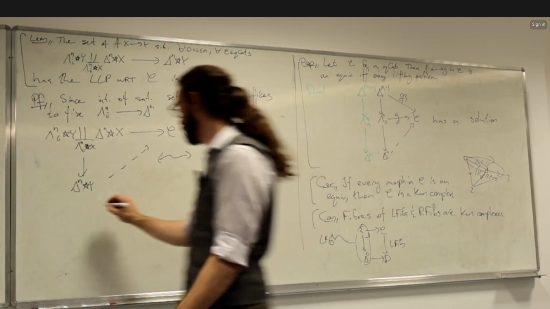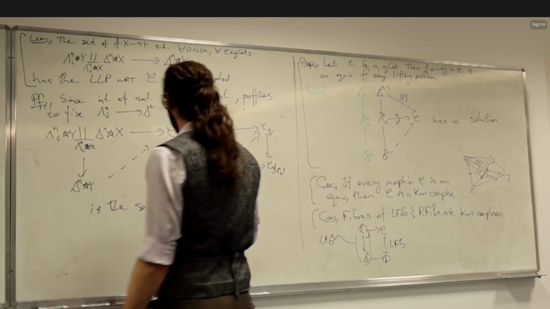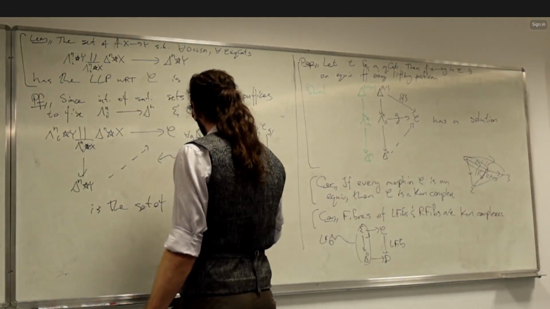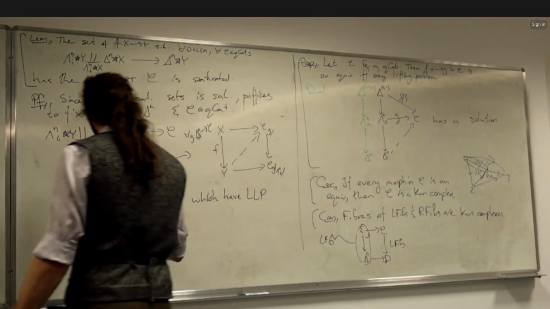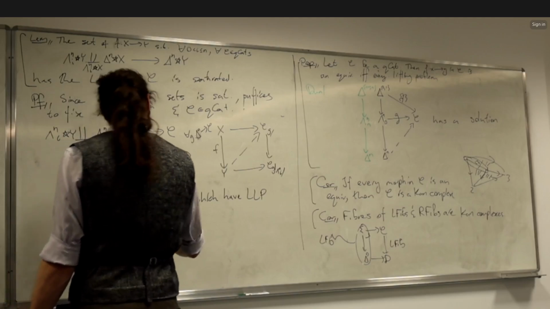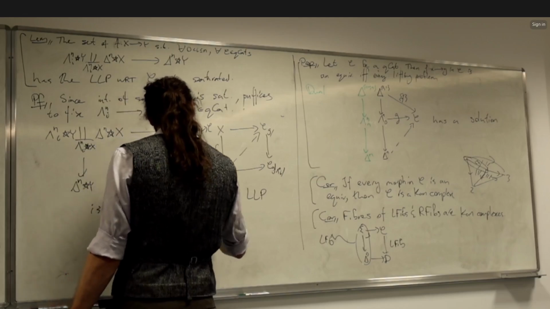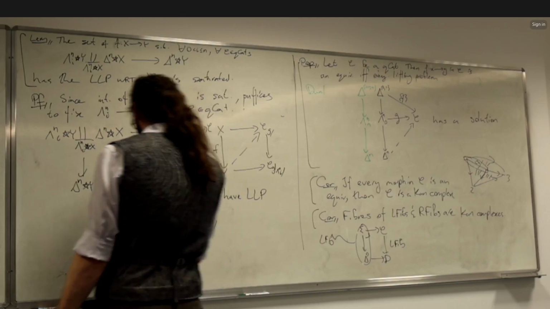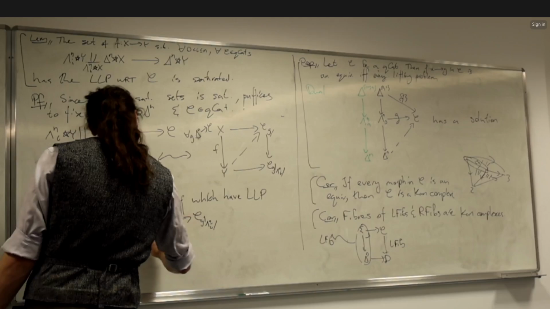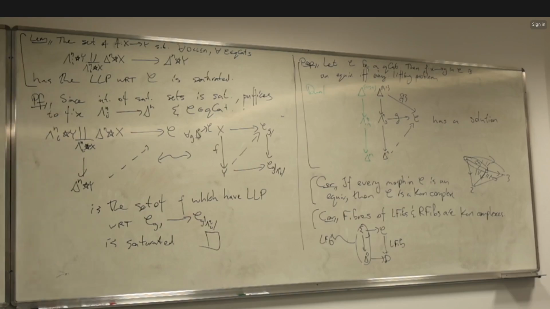So this is the set of f which have the left lifting property with respect to the morphism Cg over to Cg restricted to lambda n i over, and so this is saturated by part 1.